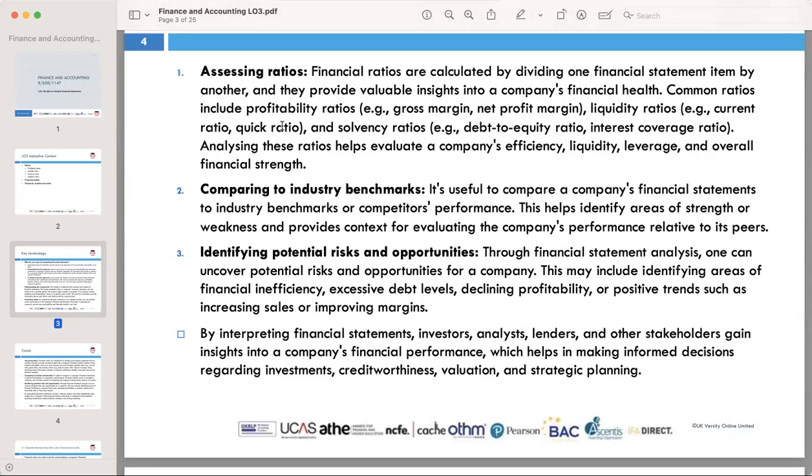These ratios are calculated by dividing one financial statement item by another, such as gross margin or net profit margin. They provide valuable insight into a company's profitability, liquidity, and solvency. By analyzing these ratios, we can determine how efficient a company is.